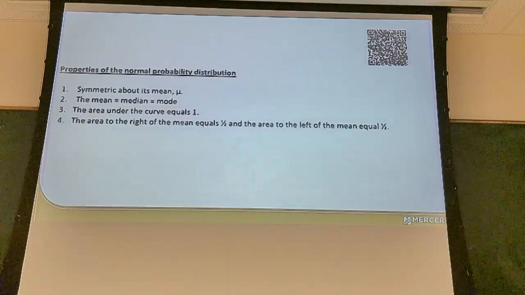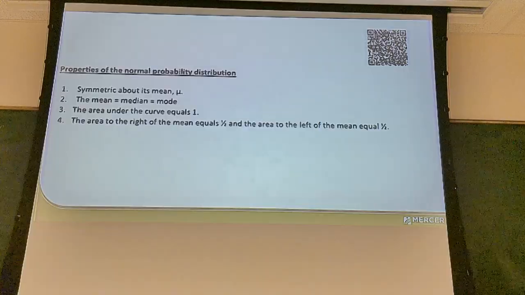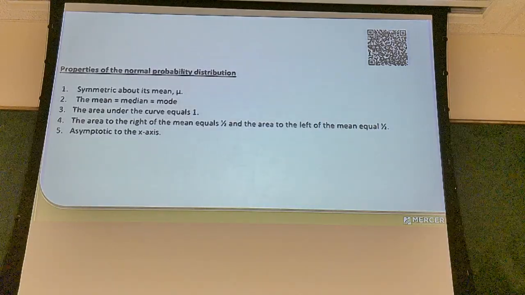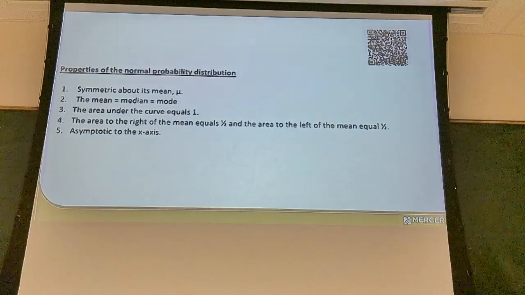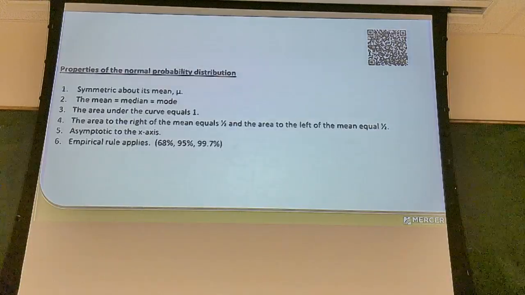Symmetry means that exactly half the area is to the left of the mean and half the area is to the right of the mean. Asymptotic to the x-axis, so the x-axis is a horizontal asymptote. And the empirical rule applies.